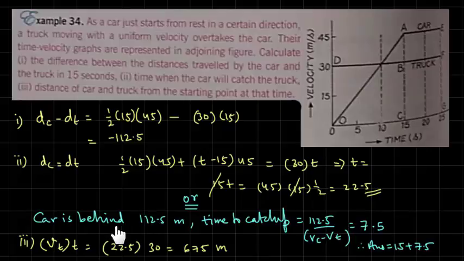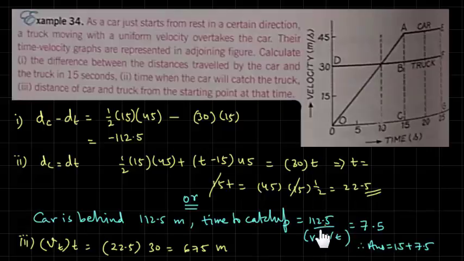Or you can do it in another way. Car is behind 112.5 meters. So in order to catch up with the truck, relatively it has to travel 112.5 meters. So this is the relative distance between the two, and this is the relative speed between the two. So Vc minus Vt is the relative velocity.